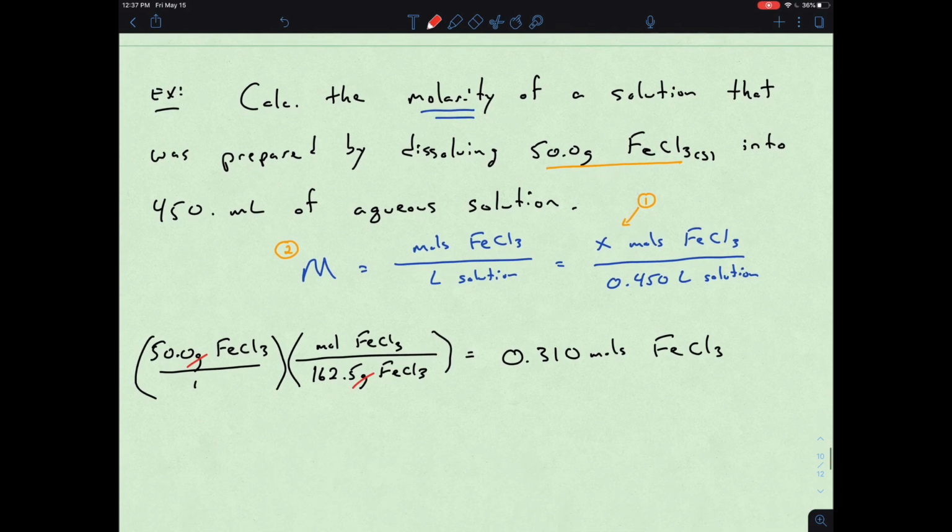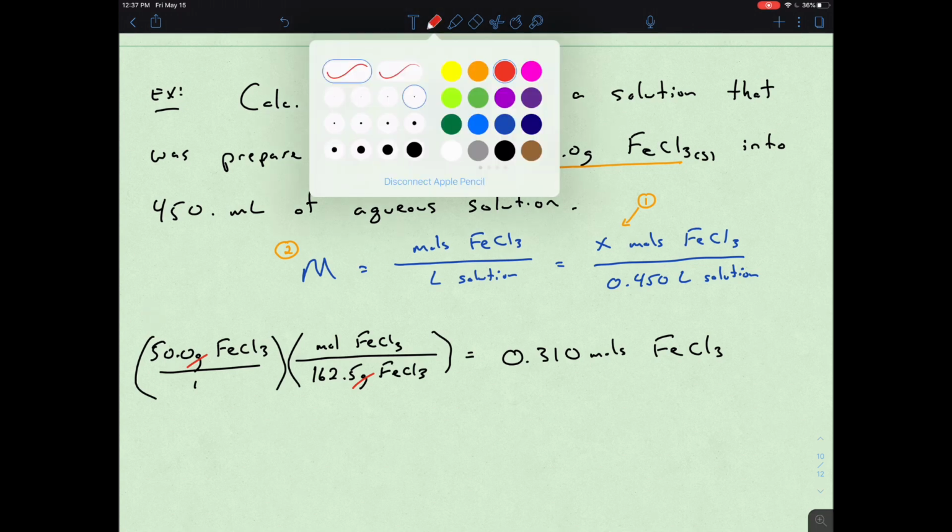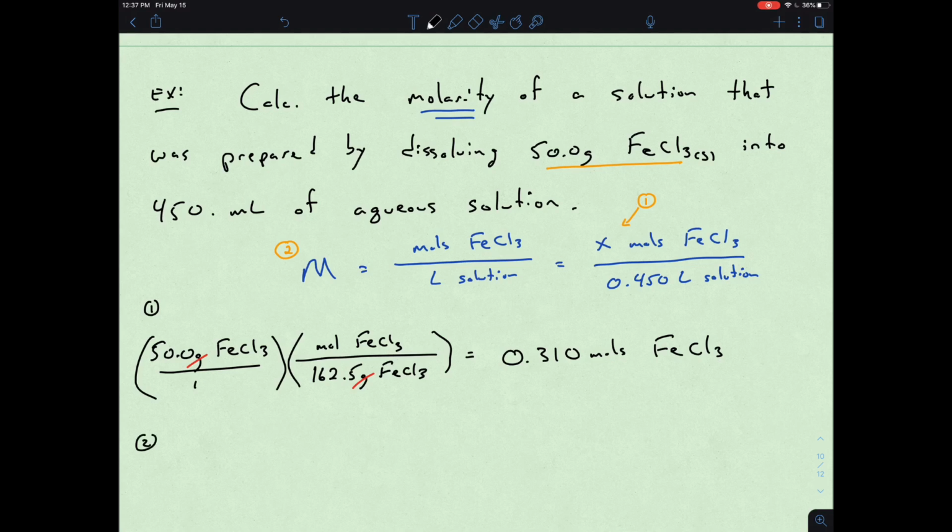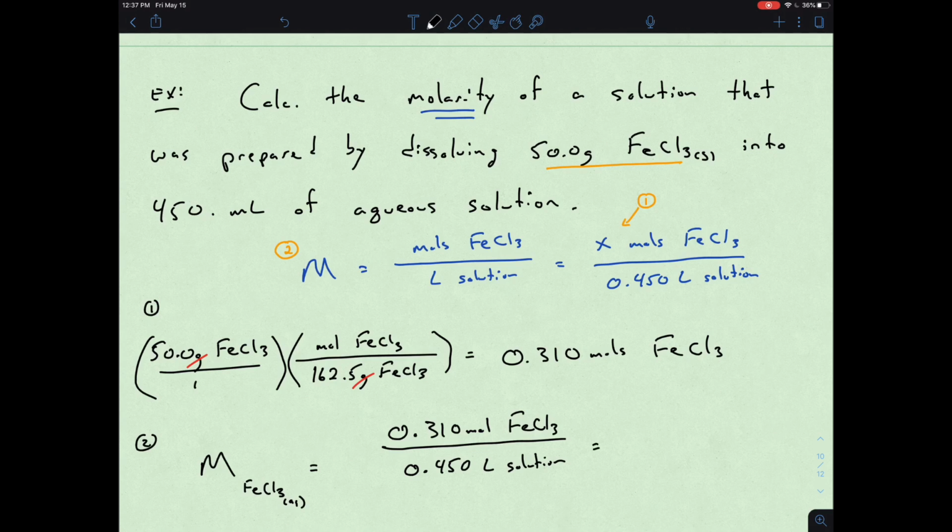And now we can go to the second step, which is just plugging it into the molarity. So the molarity of that ferric chloride solution would be equal to the 0.310 moles of ferric chloride, right over the 0.450 liters of solution to give us a molarity of 0.685 molar.